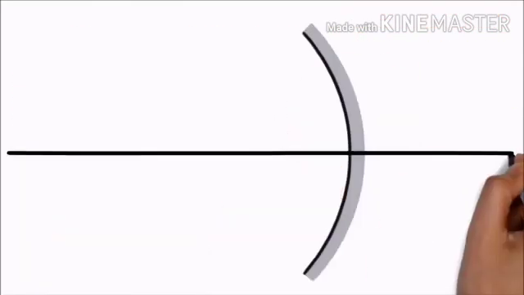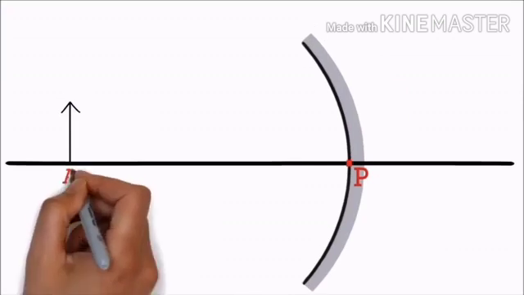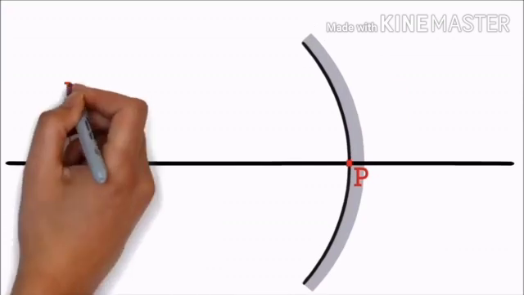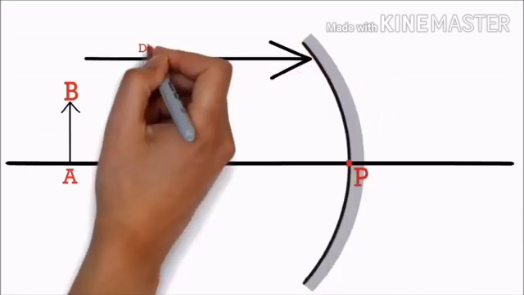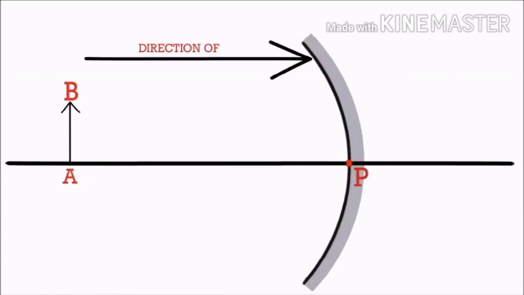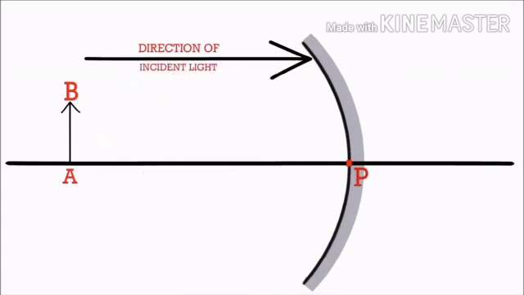Now let us see the diagram. This is the principal axis. This is the pole P. It is the origin. This is the object AB. This is the direction of incident light, that is left to right. Already we know incident light is taken from left to right. That is, the object is on the left of the mirror.